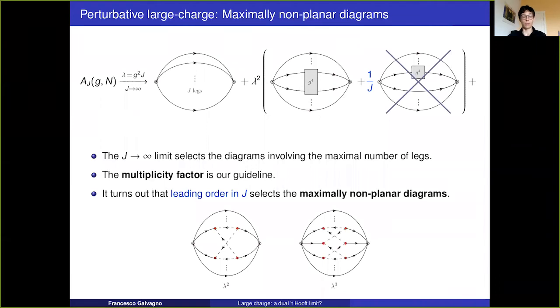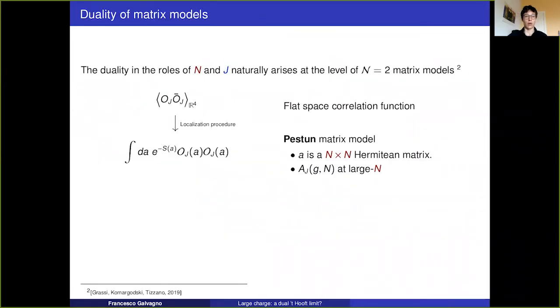Such duality between the roles of N and J naturally arises at the level of the N=2 matrix model. So in N=2 theories, a correlation function like this one on flat space can be mapped using a localization procedure to a finite dimensional integral of this shape.